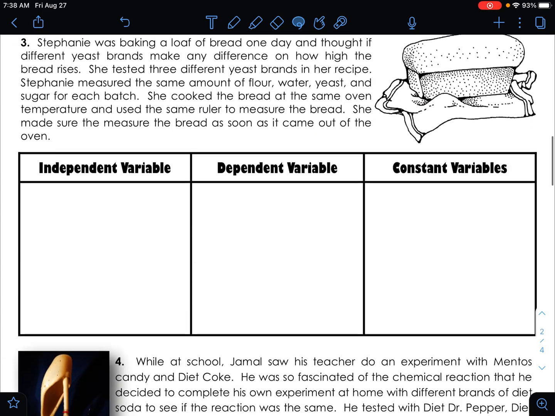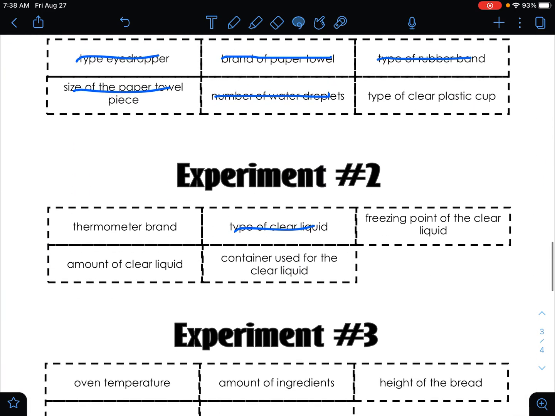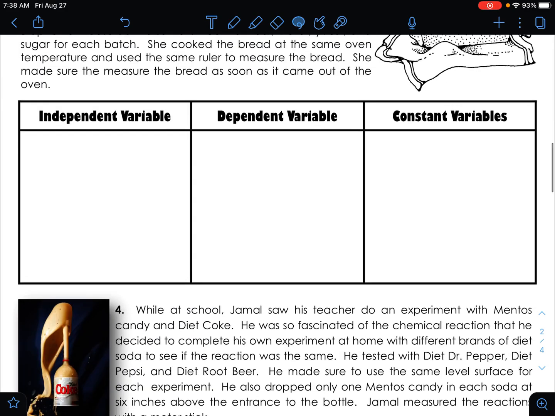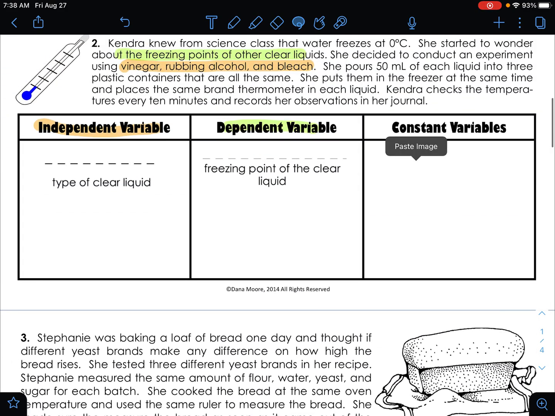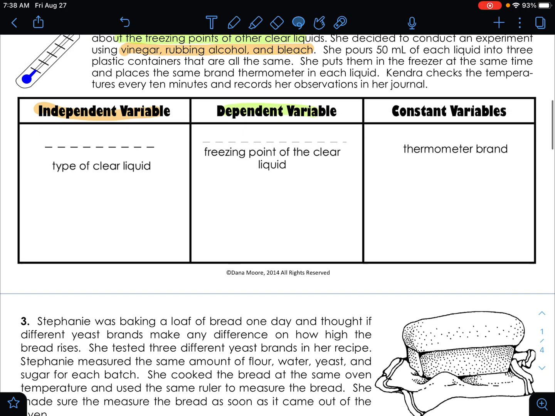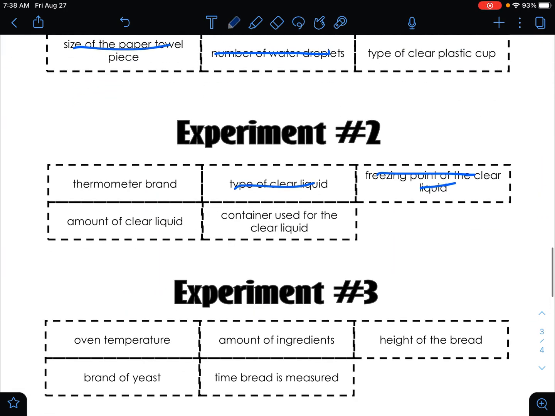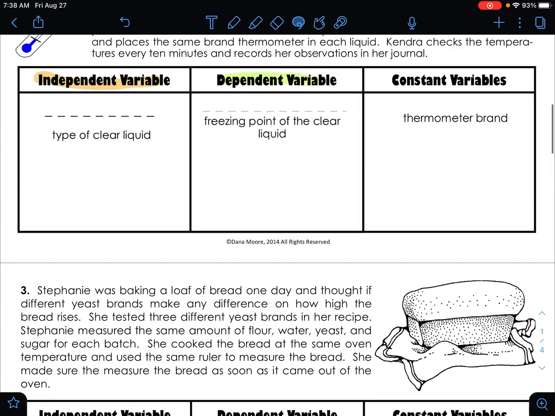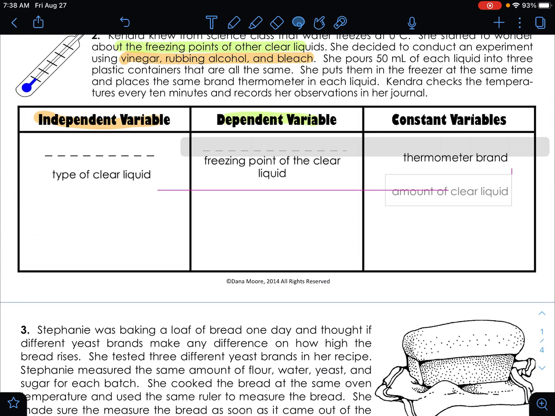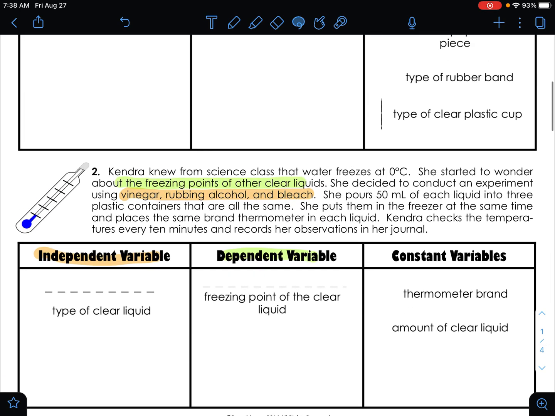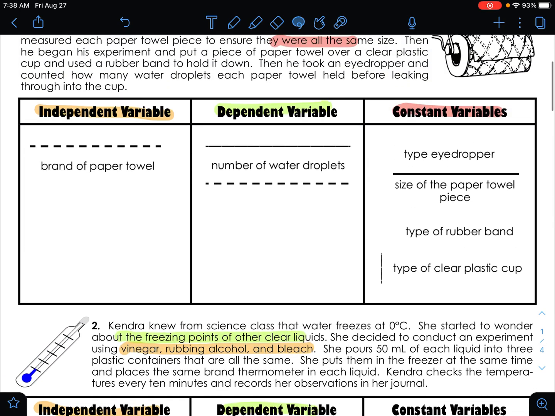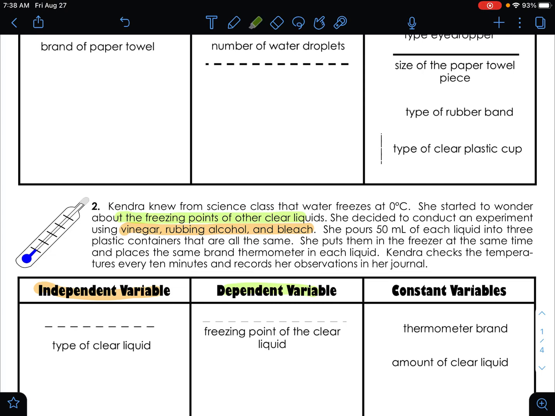All right, so then now we know that everything else has got to stay the same. So we have to have the same thermometer brand. And she did mention that she was going to use the same thermometer brand. All right, what else? We have to use the same amount of clear liquid. All right, so let's go and take a look at what is that amount of clear liquid, to verify that she indeed is having some controls.